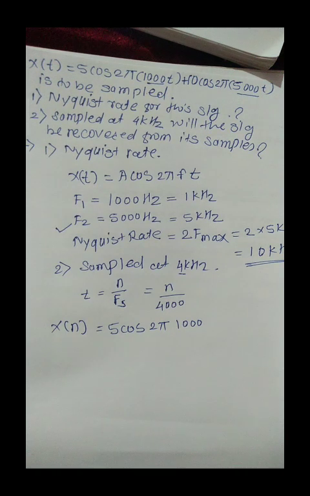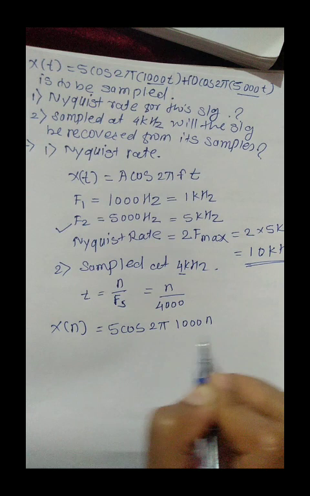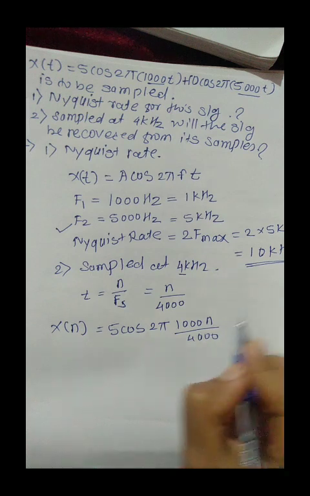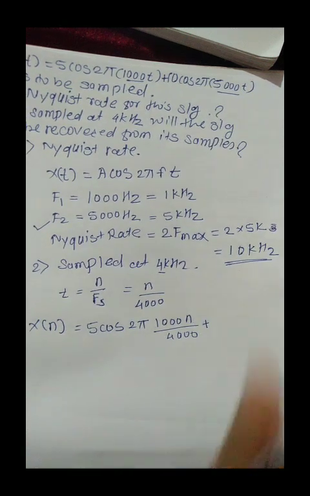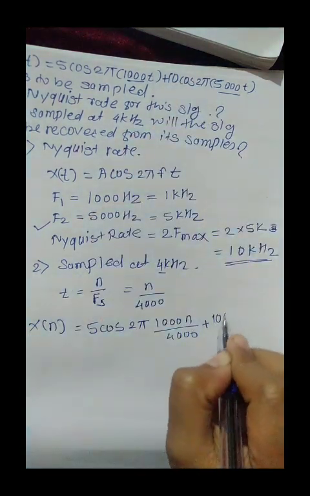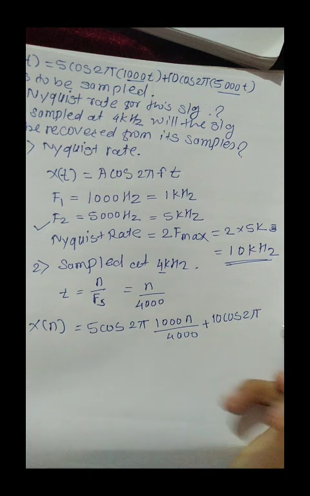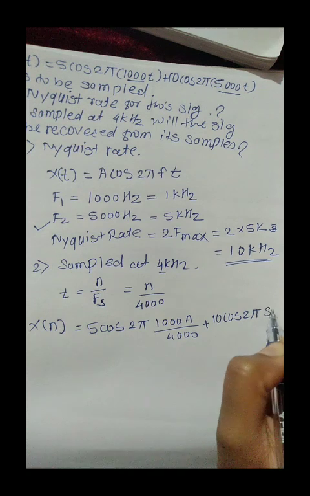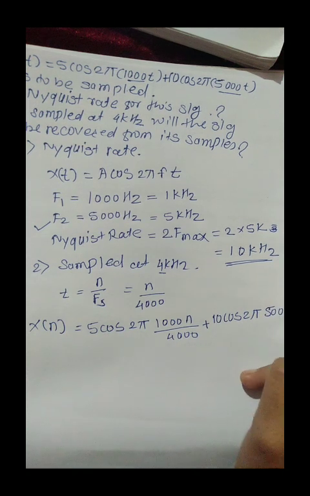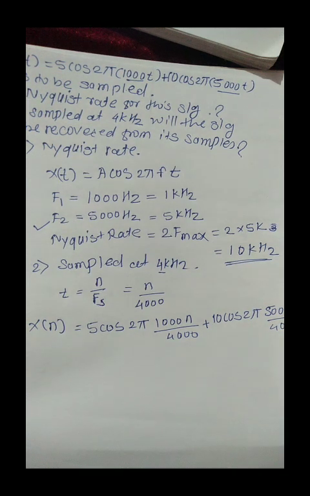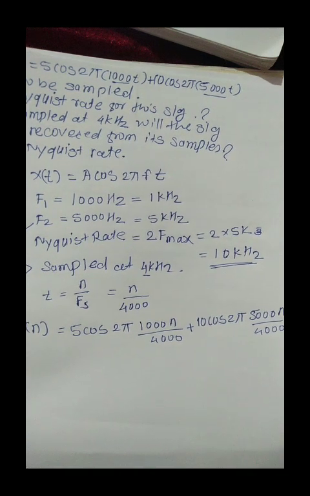The value of n we don't know, so we keep it as it is: n upon 4000. Plus 10 cos 2 pi into 5000, with t equal to n upon 4000.